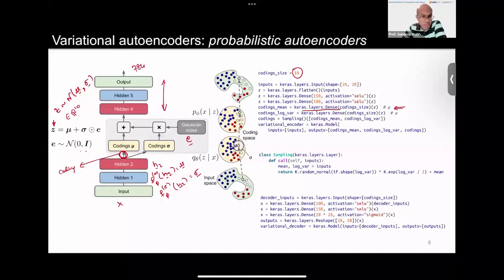Now, one possibility is, I mean, nonlinear, like MLP, is the most generic one. What one could do is also think of a linear transformation, to get the mu vector. So if you don't want to have this, say, ReLU or anything, you can remove that and have a linear output as well.